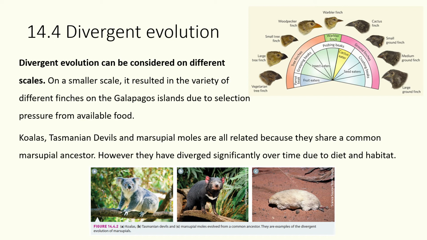And that original marsupial ancestor has diverged significantly over time, splitting into the variety of marsupials we have today: koalas, Tasmanian devils, marsupial moles, kangaroos, wallabies. All of those are related, as in they are all marsupials, but they've all diverged away from each other at different times. We've looked at cladograms in the past of this divergence, specifically in marsupials.